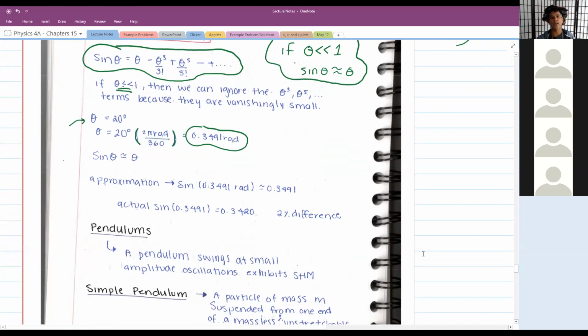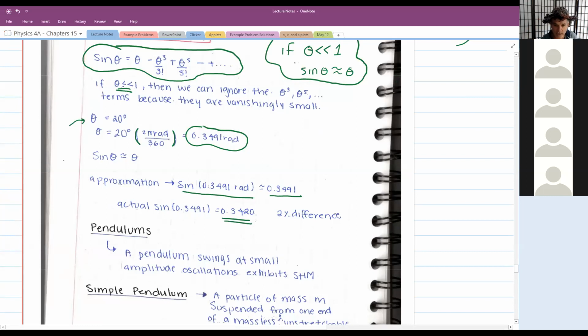My small angle approximation says the sine of my angle is about equal to the angle for small angles. So in this case, the approximation says the sine of 0.3491 radians is about equal to 0.3491. If you plug into your calculator the sine of 0.3491 radians, you get 0.3420.